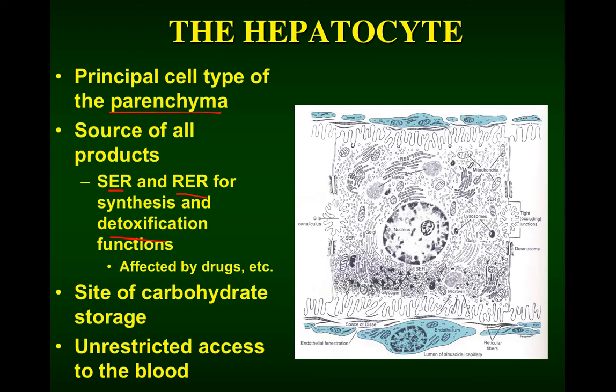We can see here the hepatocyte with the Golgi apparatus, lipid droplets, and well-developed rough endoplasmic reticulum. Between the hepatocytes there is the sinusoid, which is the area where we have maximum contact between the hepatocyte and the blood.